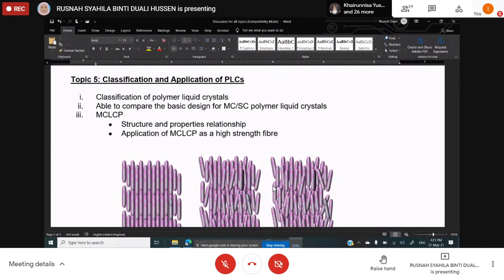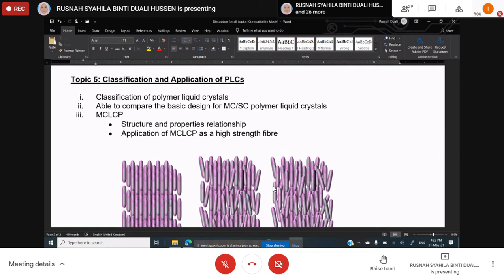As I said, basically those are the only two, but it can be a combination of the two, or sometimes we can further classify based on the mesogenic unit used in the polymer liquid crystal. For example, if it is a calamitic or discotic type of mesogen attached to it, or sometimes using a dendrimer. Dendrimer is a highly ordered branched polymeric molecule attached as a mesogenic unit.